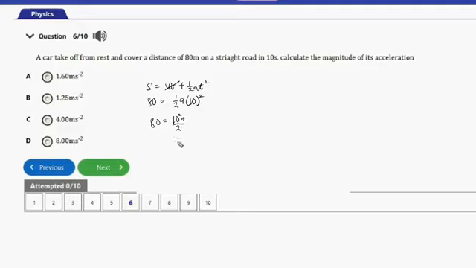If we make a the subject of this equation, we are going to have that a is equal to 2 times 80 over 10 squared. So 2 times 80 is 160, and 10 squared is 100. So 160 over 100 will be 1.6 meters per second squared, and that's option A here, guys. Let's go ahead and consider the next question.